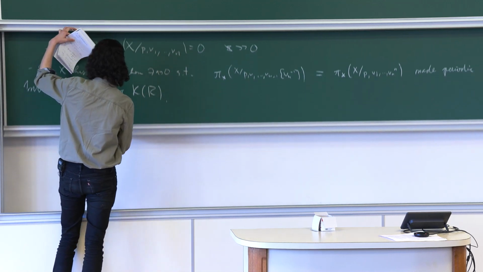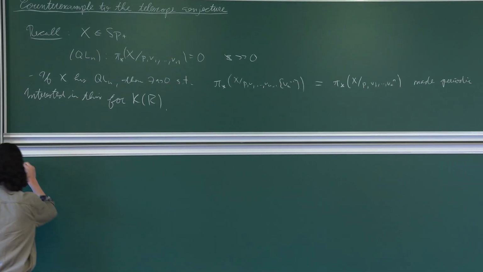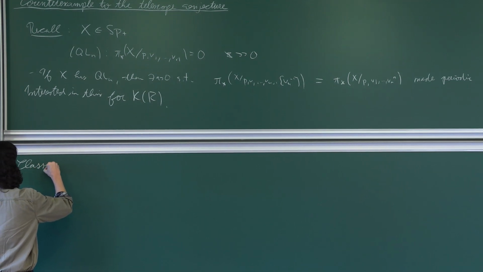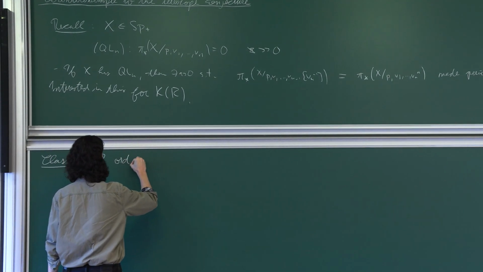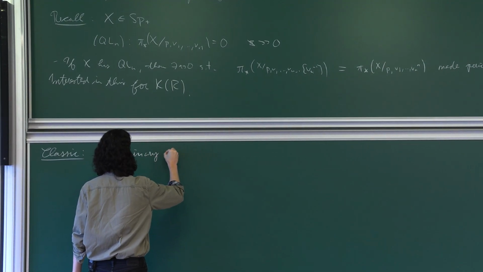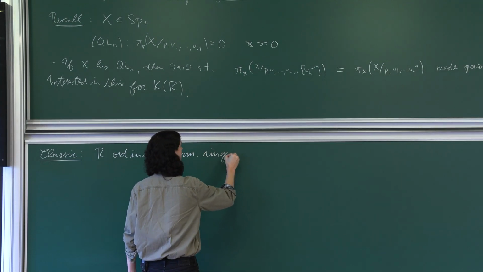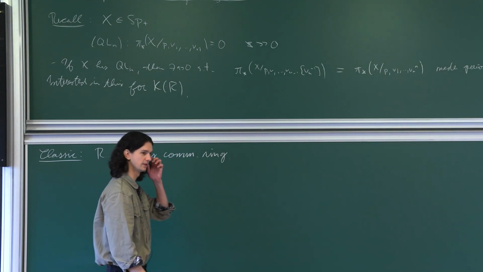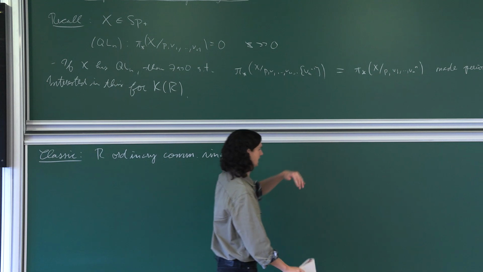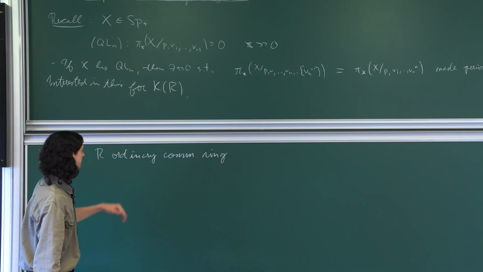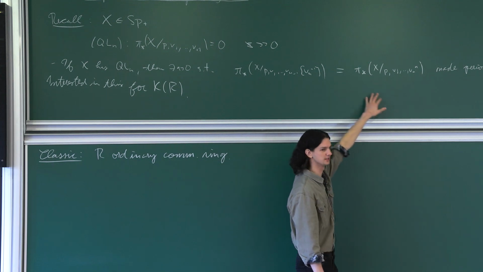And the classic situation would be, well, R is an ordinary commutative ring. What does it mean, made periodic? It means that first there exists, so Vn, let's say Vn has period d. So there exists a range of d consecutive homotopy groups where these are just isomorphic.